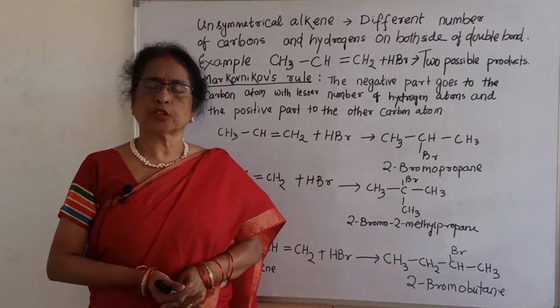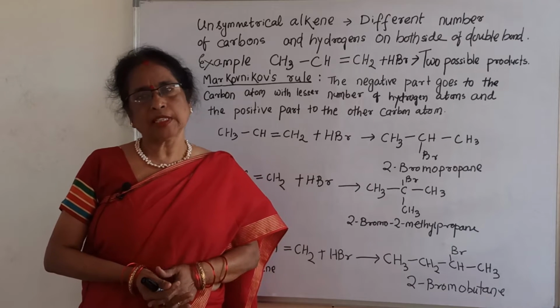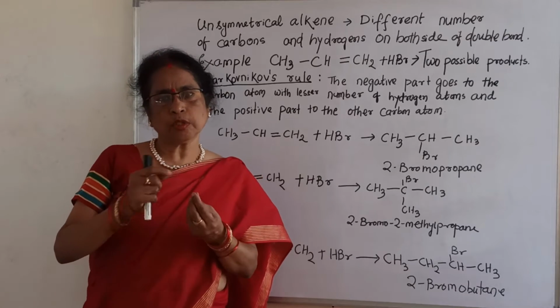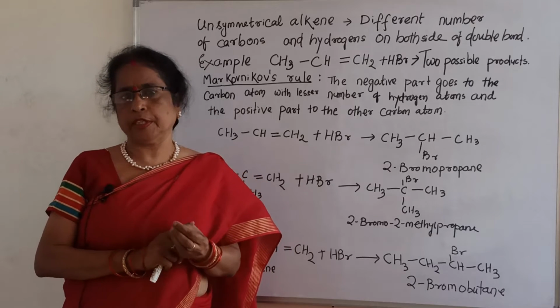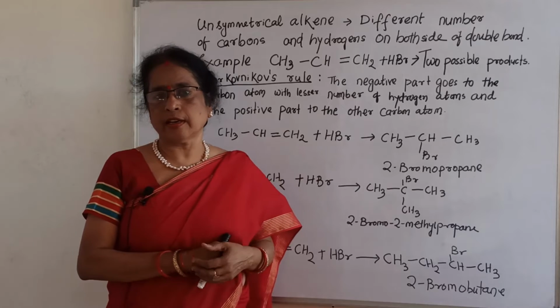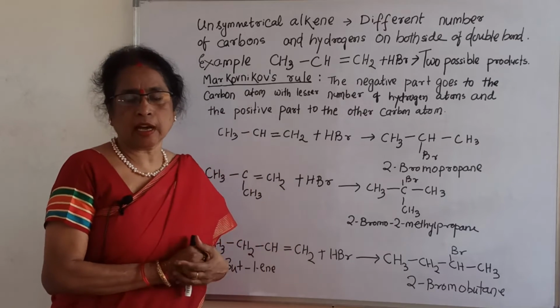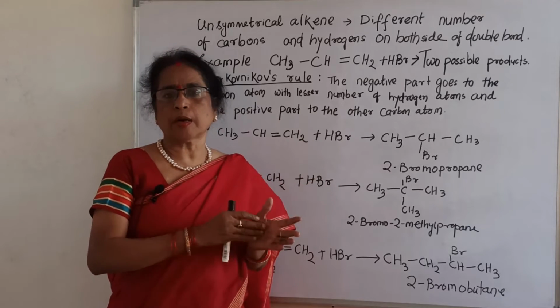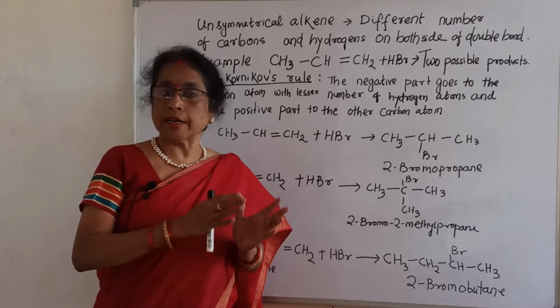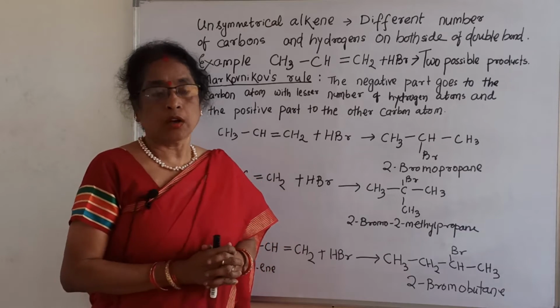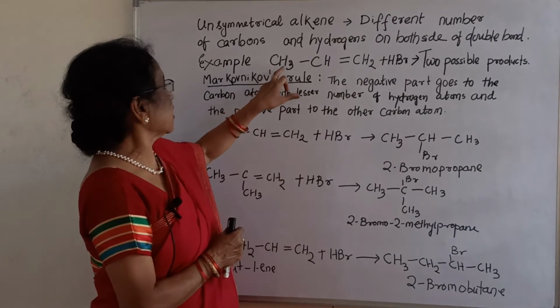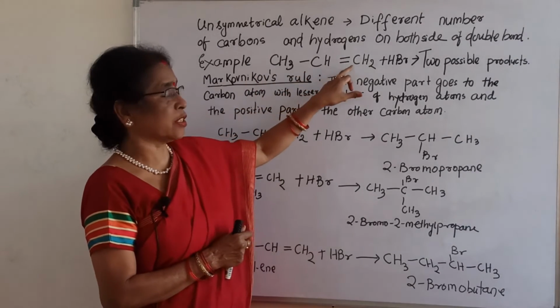I told you about symmetrical alkene. What is a symmetrical alkene? On both sides of the double bond, the same number of carbon and hydrogen are present. But what is an unsymmetrical alkene? In an unsymmetrical alkene, the number of carbon and hydrogen are different on the two sides of the double bond. For example, CH3CH=CH2.